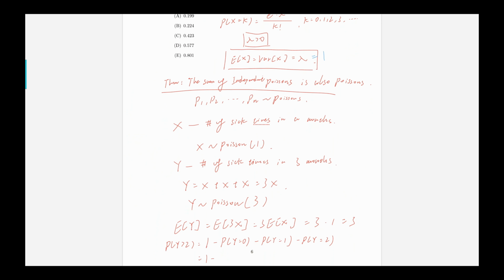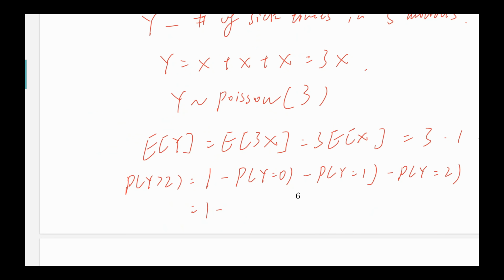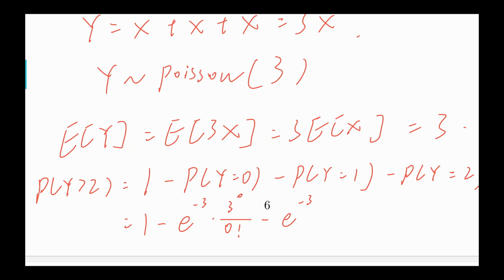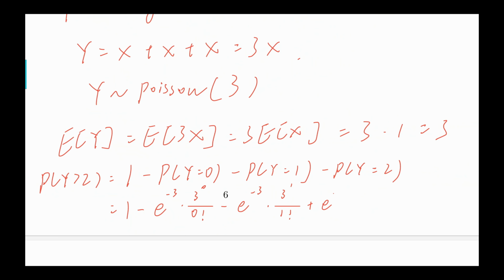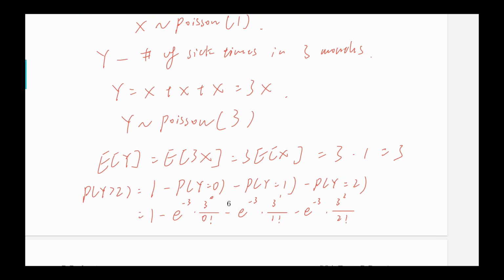So Y equals 0 is going to be, let's write them down: e to the power of negative 3 times 3 to the power of 0 over 0 factorial, minus e to the power of negative 3 times 3 to the power of 1 over 1 factorial, minus e to the power of negative 3 times 3 to the power of 2 over 2 factorial. Just use a calculator to handle it.